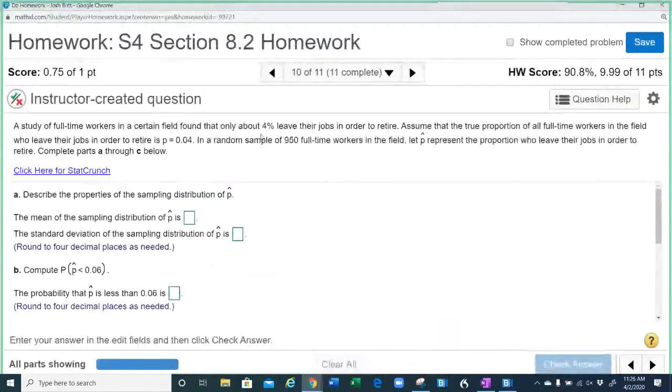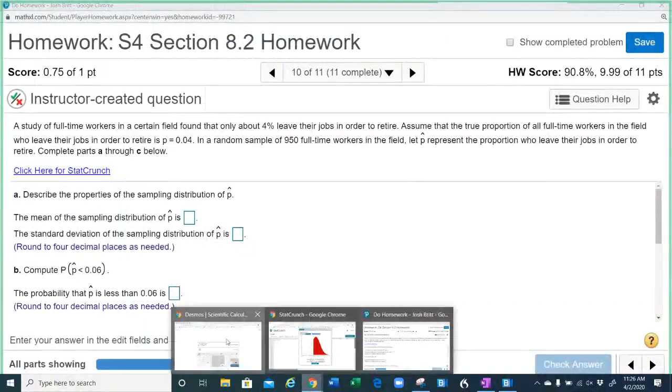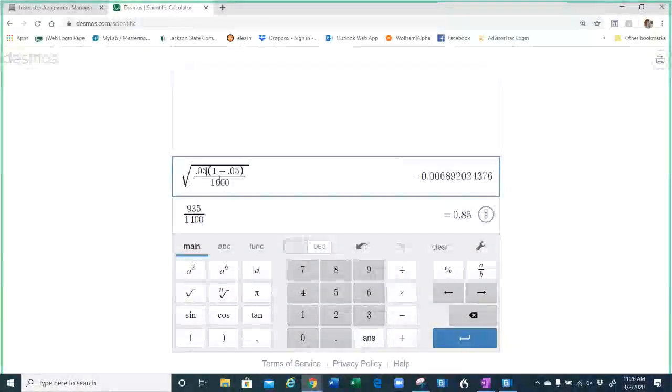So now we've got 4% and 950. So be real careful here, 4% and 950.